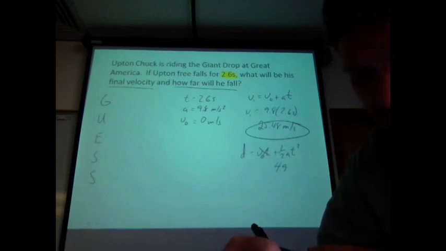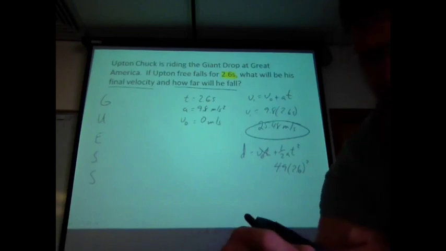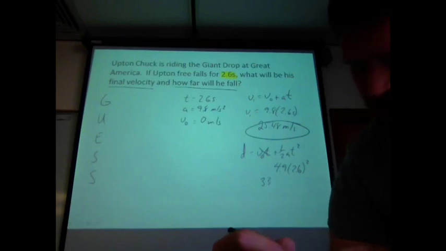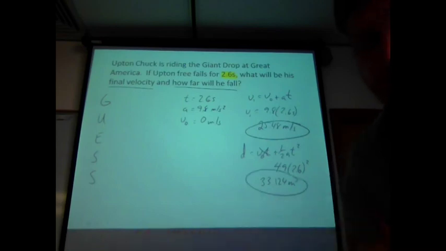And our t is 2.6, and we're going to have to square that. Okay, so 4.9 times 2.6 squared gives us a total displacement of 33.124 meters. And that's what your work should look like.